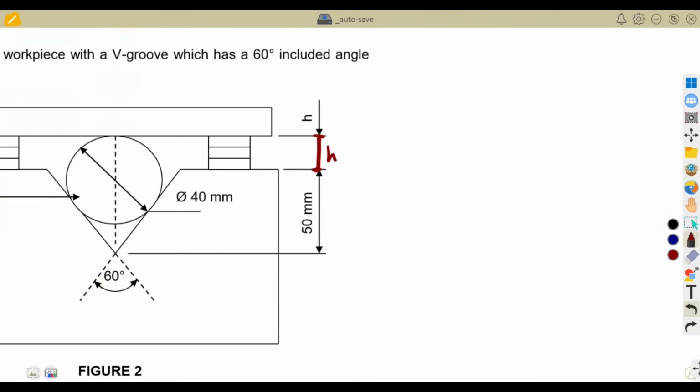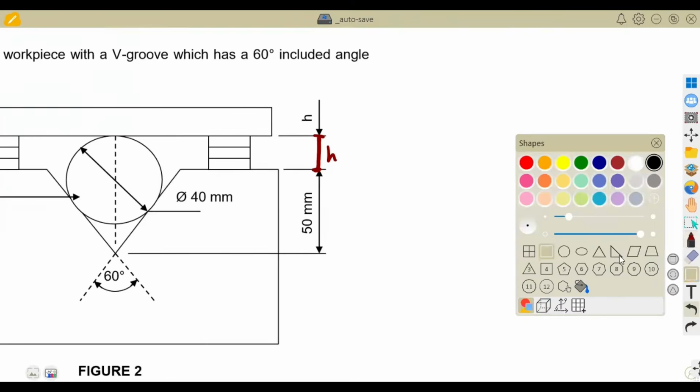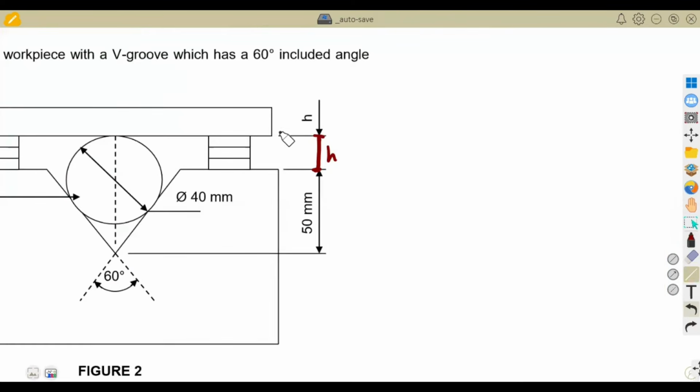So if we are to consider the wall of this line from this point here, going down, going up to this point, straight up to this point.